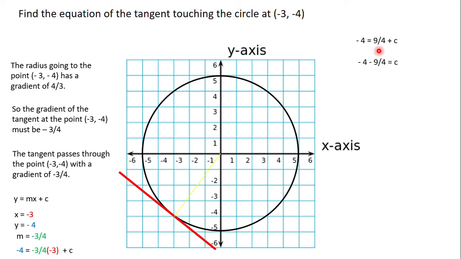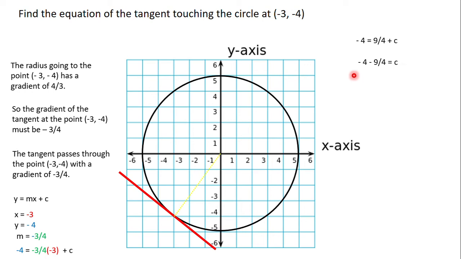And what I've done is I've taken 9/4 away from both sides. So I've taken 9/4 away from this side to cancel that out. So I've got to take 9/4 away from this side as well. So I've got -4 minus 9/4 equals c. So that's basically the same as -4 minus 2¼ equals c.